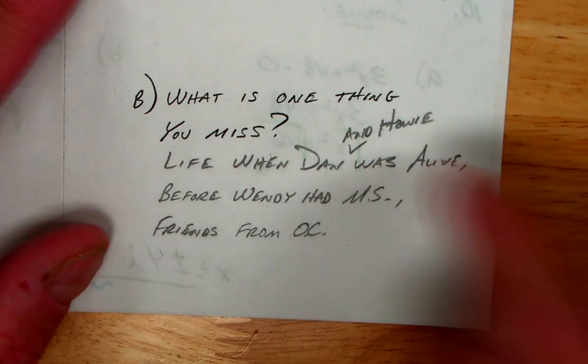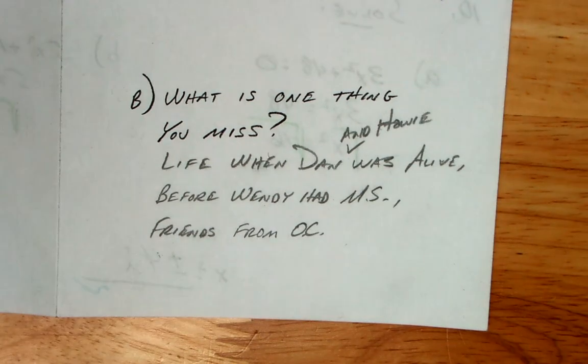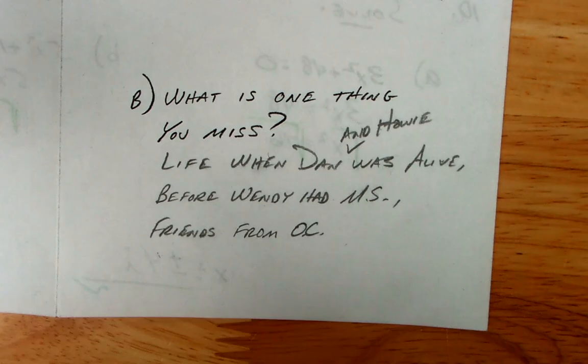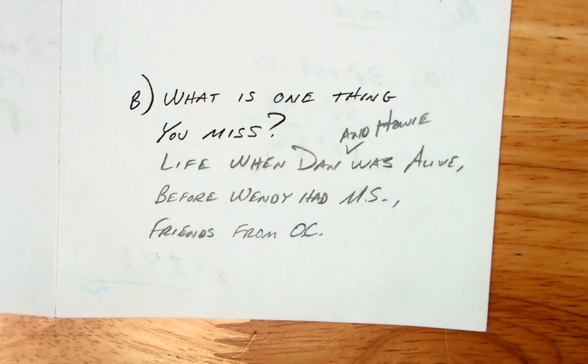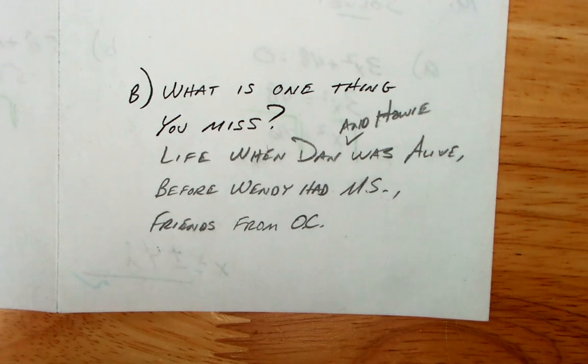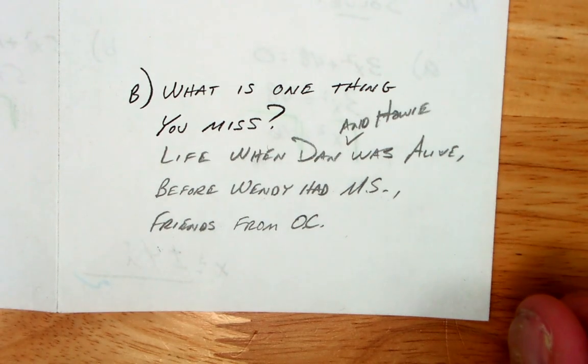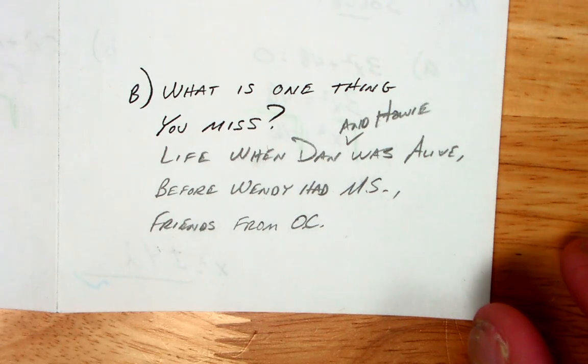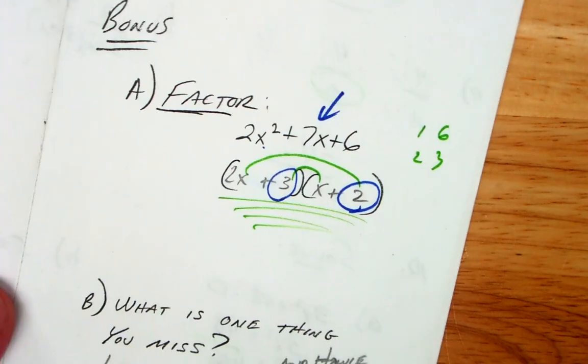I miss seeing my dog. Back then was just a really good time of our life. Dan was around. He was healthy. My dog was around. I loved him so much. And that was also before my wife came down with MS, which has given us some challenges that I wish she didn't have to deal with. So we're working on making now a happy time and a good time.